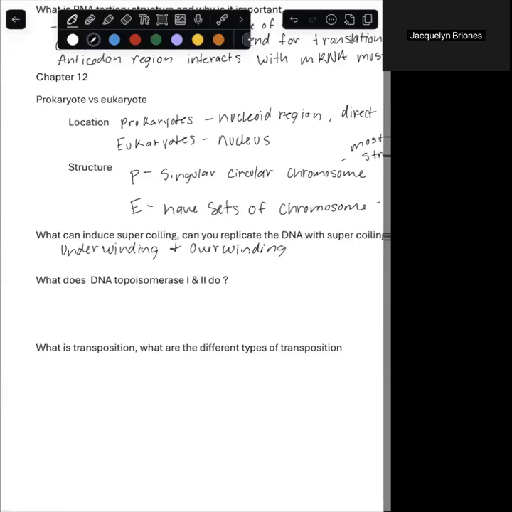And can you replicate the DNA with supercoiling? No. DNA must be unwound. You have to decondense it because DNA is so condensed, you can't replicate it when it's all wrapped up.